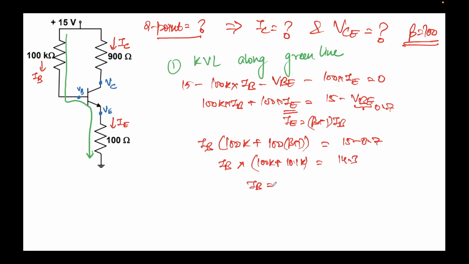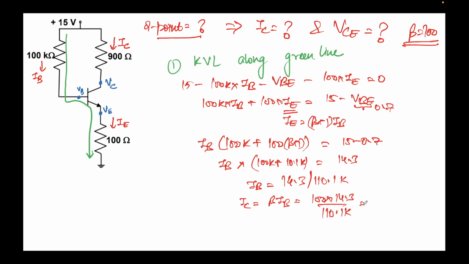So if I put this here, IB will come out to be 14.3 divided by 110.1k, right? And simply know that IC is equal to beta IB, so that will be 100 times 14.3 over 110.1k.